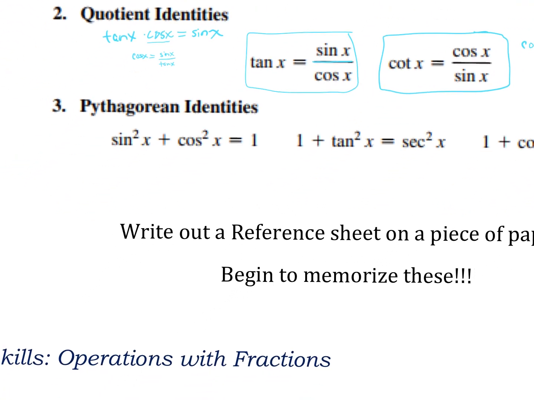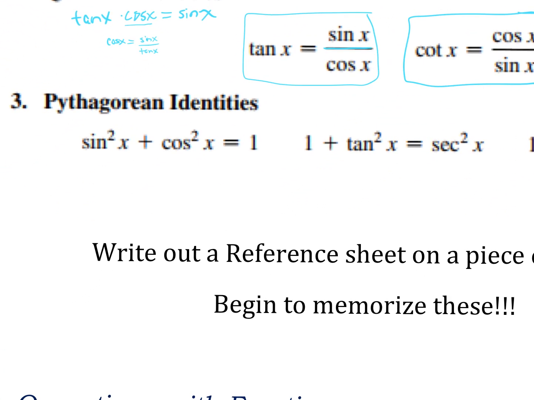Okay, so that first one here, Andrew, could you read that first one for me? Sine squared x plus cosine x equals 1. Okay, do me a favor, read that again. Oh, sine squared x plus cosine squared x equals 1. Okay, and please keep in mind, it could be sine squared x plus cosine squared x equals 1.